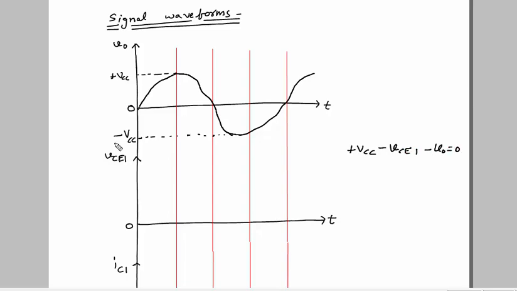From here I can write VCE1 equals VCC minus V naught. Now look at this equation carefully. VCE1 we get when we subtract V naught from a fixed value VCC. So let us have a value VCC here first.